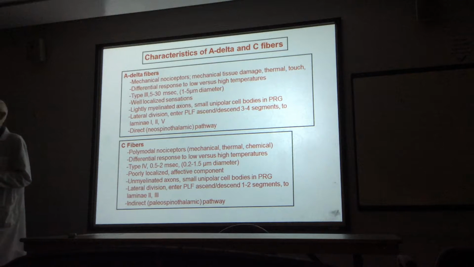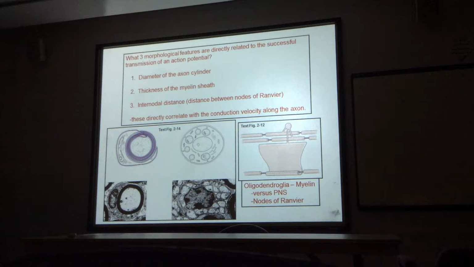It is an older pathway conveying pain and temperature information, and it is poorly localized, and it has this affective component, can change your behavior. And it's important, but it's a different type of importance than the neospinothalamic, which is very quick. So those are the characteristics of the two pathways that we're talking about, and they ascend together. But we'll see they have different responsibilities.